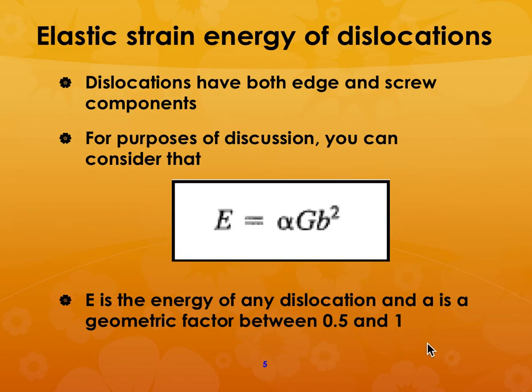Most of the time we assume that alpha is equal to 1. So E is approximately equal to G b squared, which is what we saw at the end of the previous lecture.